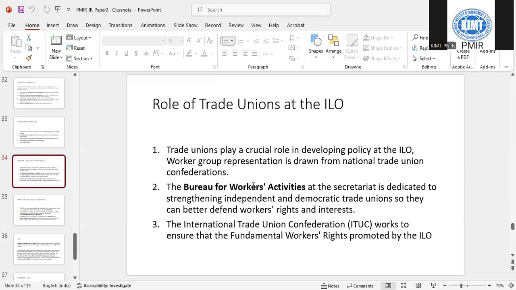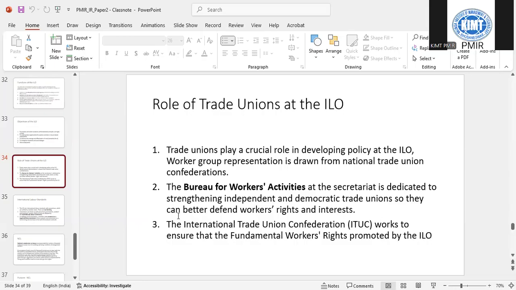The Bureau of Workers' Activities at the Secretariat is dedicated to strengthening independent and democratic trade unions so that they can better define workers' rights and interests. The International Trade Union Confederation, ITUC, works to ensure that the fundamental workers' rights are promoted by the ILO.